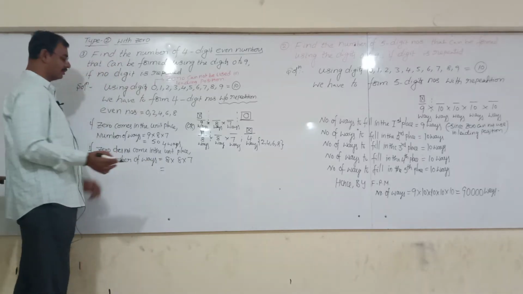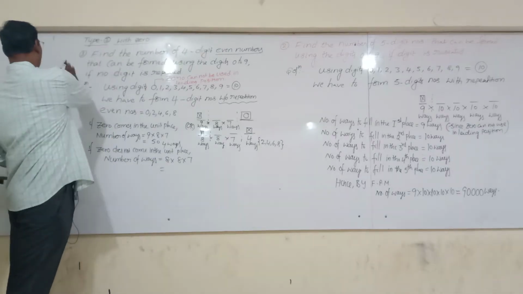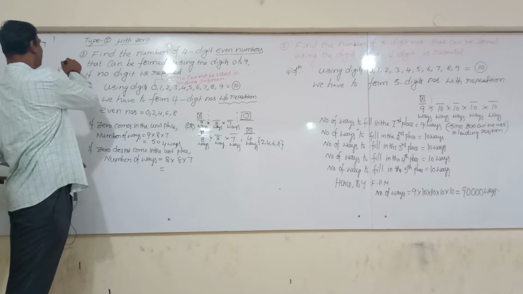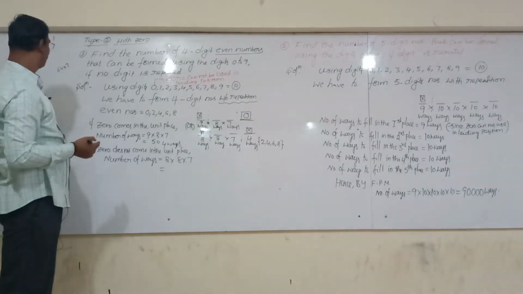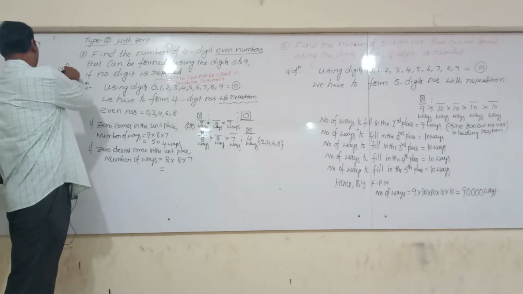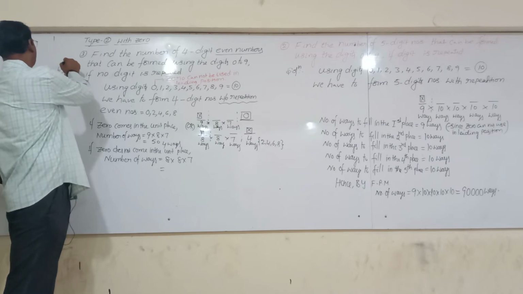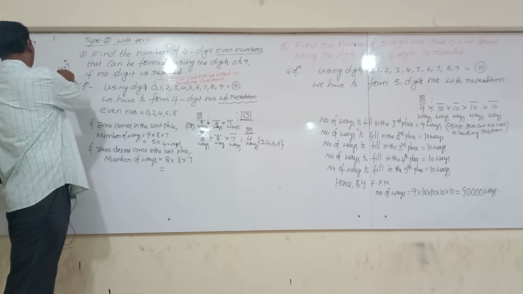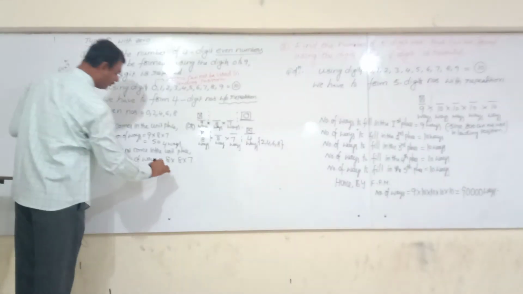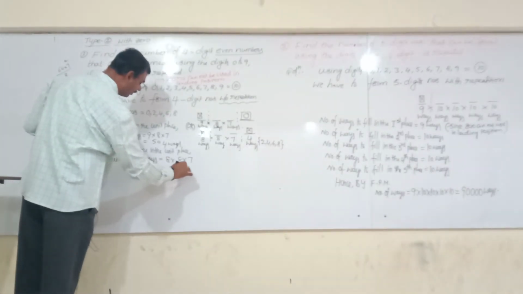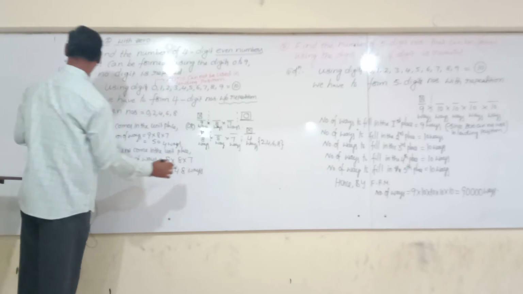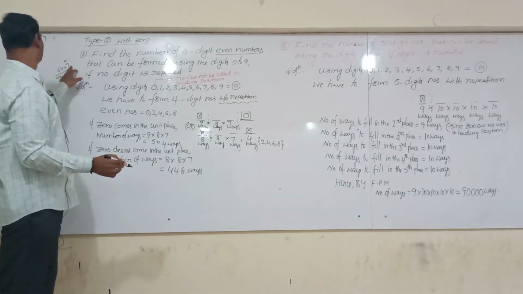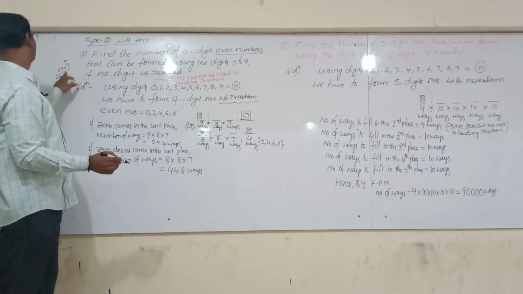This is equal to 8 into 8, which is 64. 64 into 7: 7 fours are 28, 7 sixes are 42 plus 2 is 44. So 448 ways. Correct, this is it.